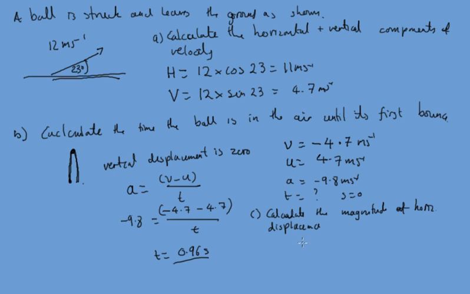So we can use our S equals V times T, where this is going to be our horizontal velocity. So our horizontal velocity was 11, times 0.96, which is going to be 10.56 meters. So I hope that helps.